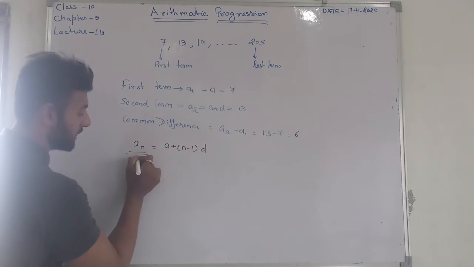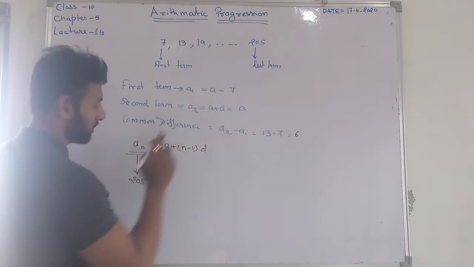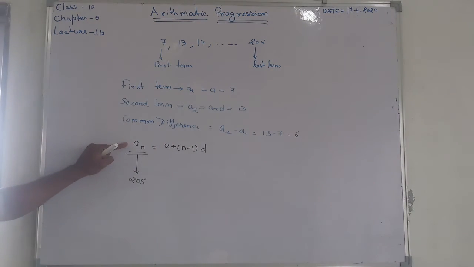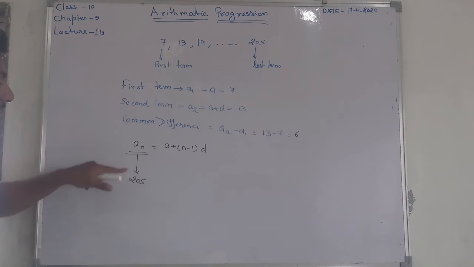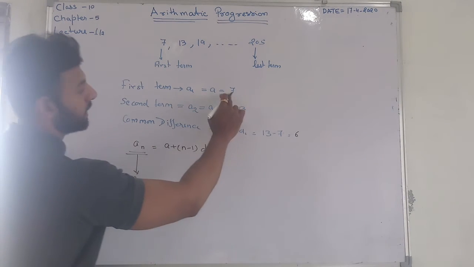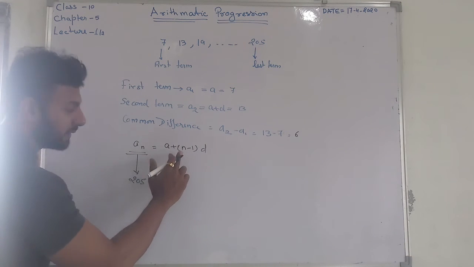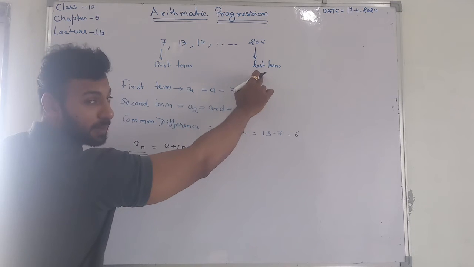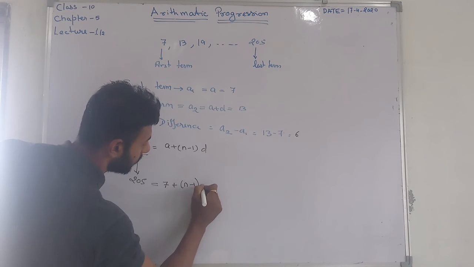Substituting an as 205, we have to identify the place of 205. A is known to us, a is 7, plus (n minus 1) into d.